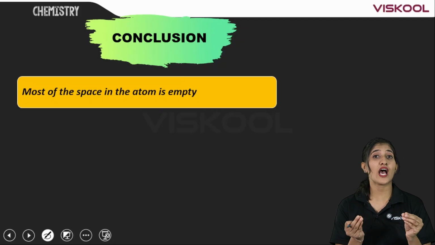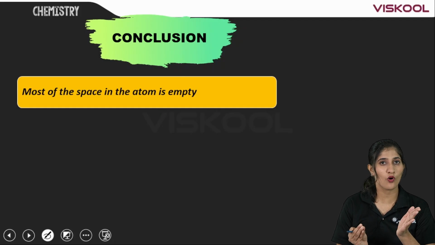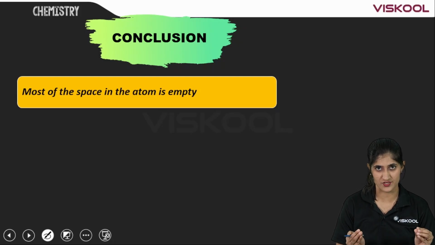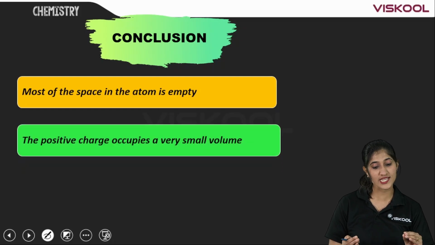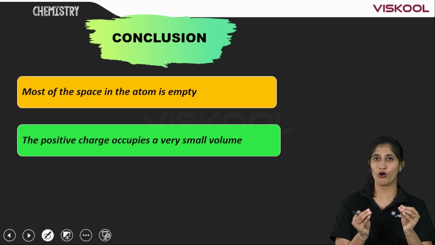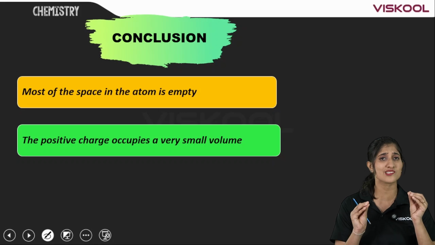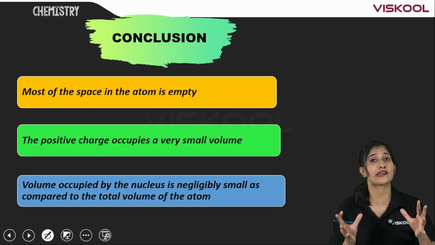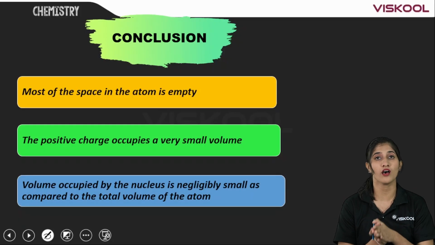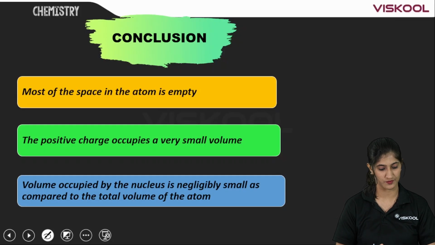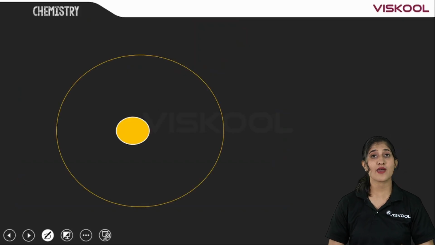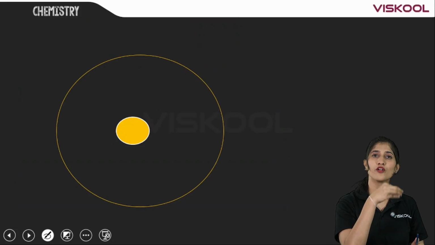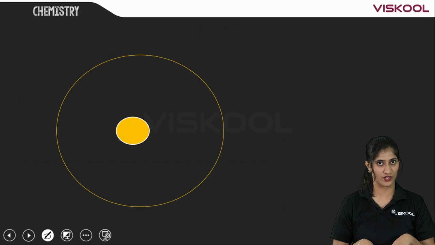Now, very few alpha particles were deflected by small angles, right? So, there is a very dense positive charge at the atom. The positive charge occupies a very small volume because only a very few alpha particles were deflected back, right? Now, the volume of the nucleus is negligibly small as compared to the volume of the atom, okay? For example, imagine a big football ground and you are placing a very small football on the center of the ground.